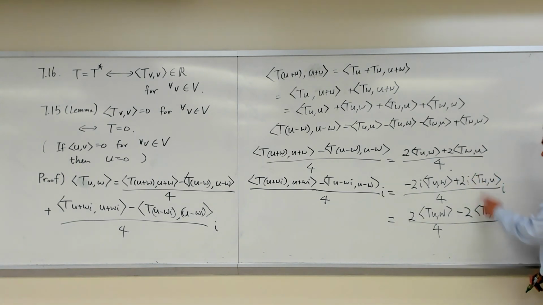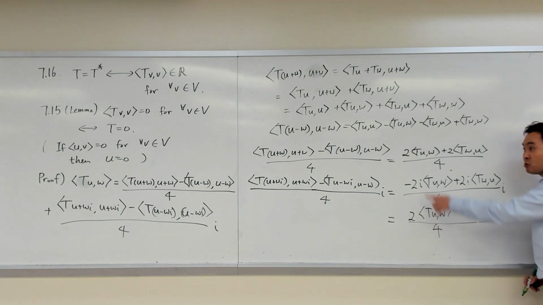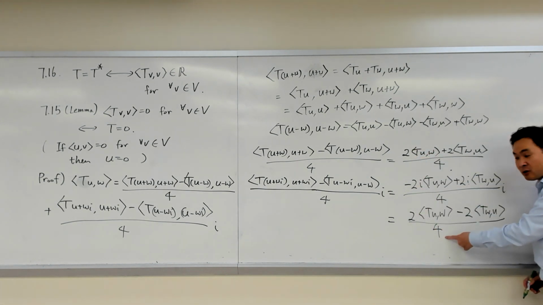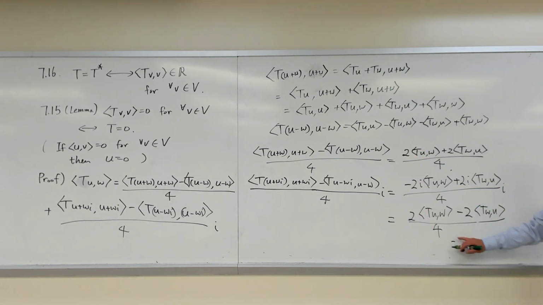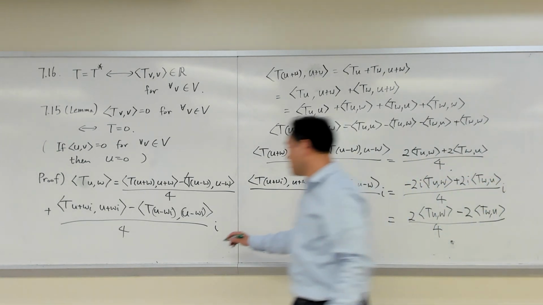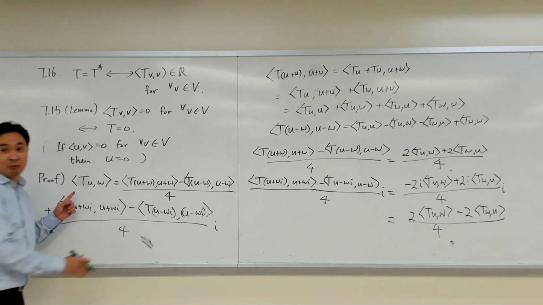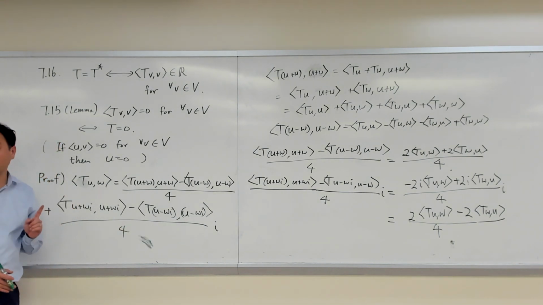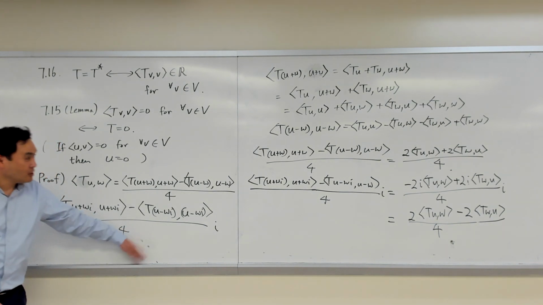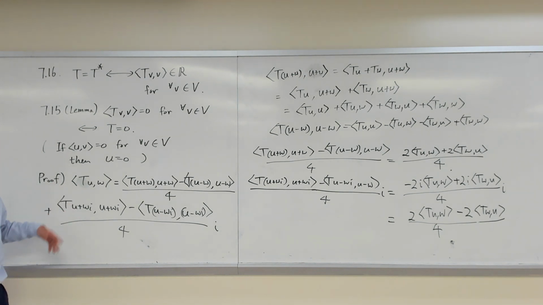And now you add these two, you can see that these two cancel, whereas these two again double. 2 plus 2 is 4, but divide by 4, you end up with this result that this is indeed <Tu, w>, right? Okay. So we've just verified this result.